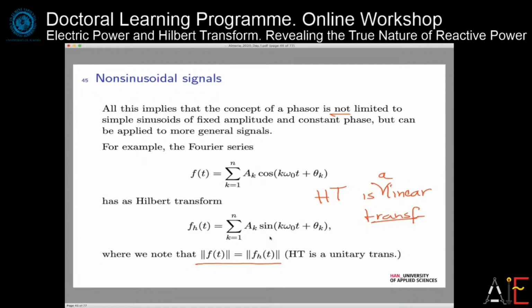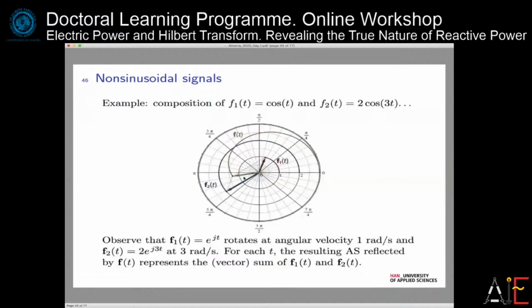Well, to give you a bit of a geometric, graphical picture, if I have the composition of two purely harmonic signals, so a cosine of t, and here a cosine which moves 3 times faster, of 3t, with a different amplitude.